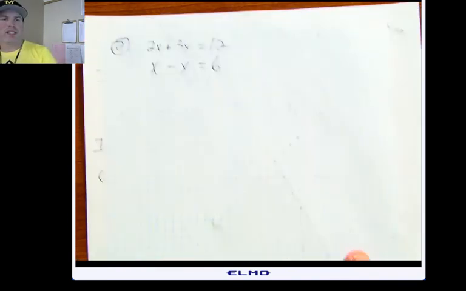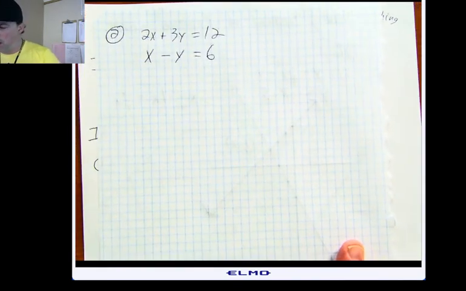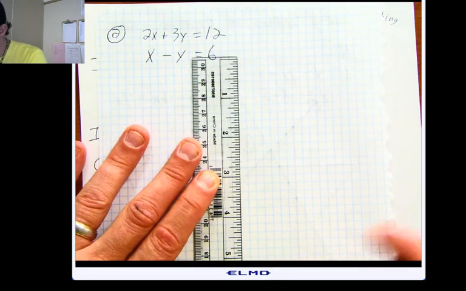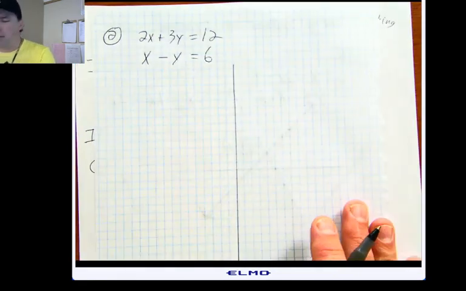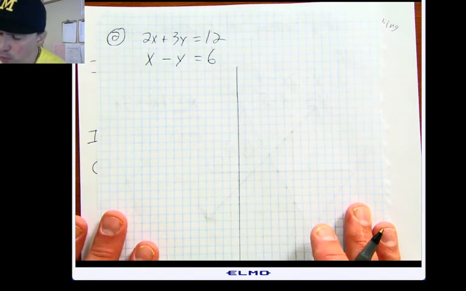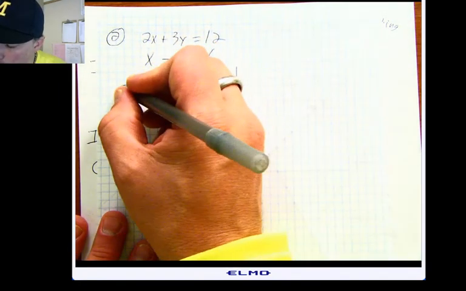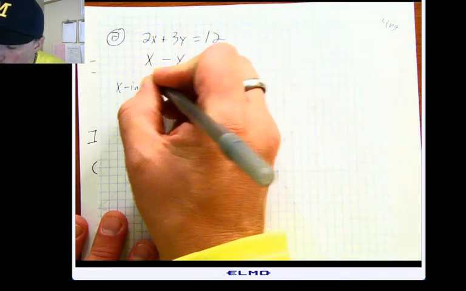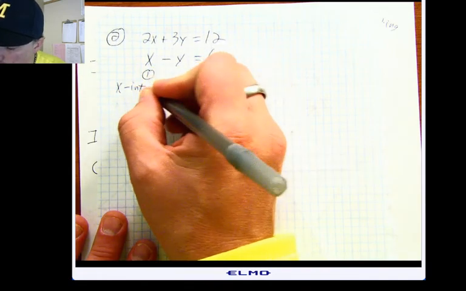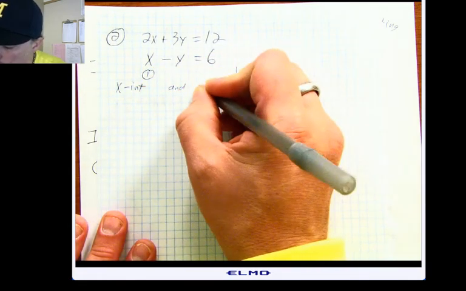These equations are in standard form, which means there's a little bit more work involved. I'm going to show you my two techniques. Technique one is using x-intercepts and y-intercepts.